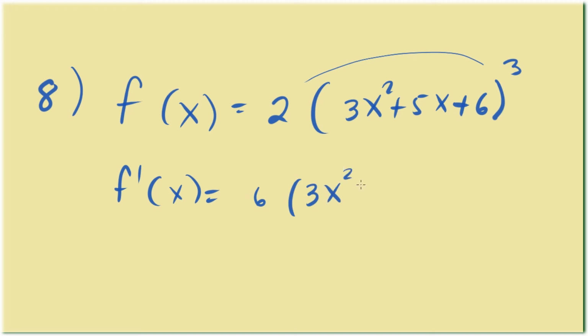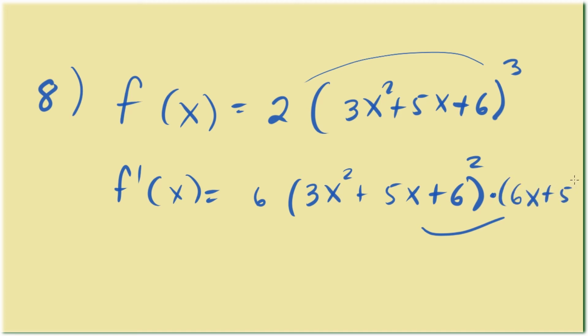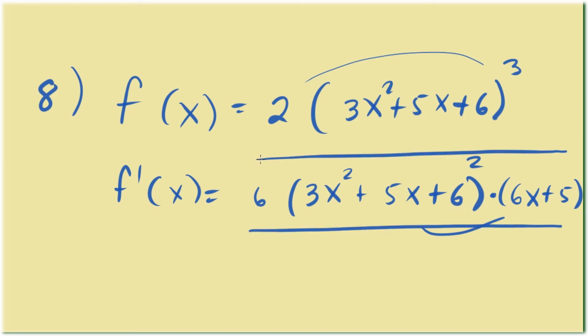Copy the base, 3x squared plus 5x plus 6. And then 3 minus 1 is 2. And then multiply this by the derivative of the inside, which is what? 6x plus 5. Okay. Again, the derivative of a constant is 0. Right? So this is the derivative using the chain rule.